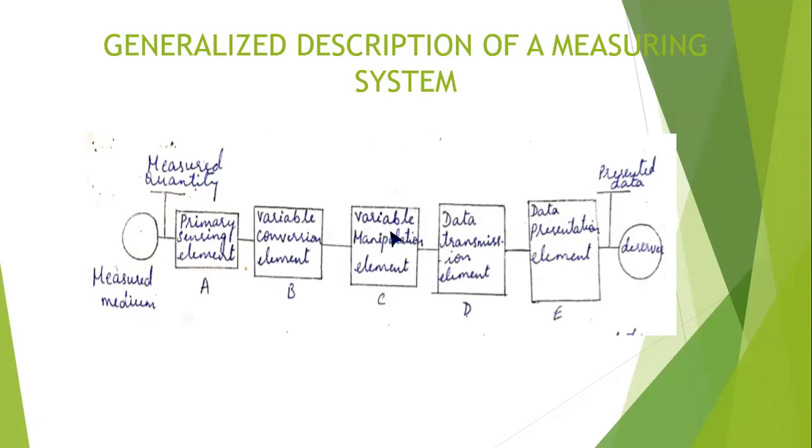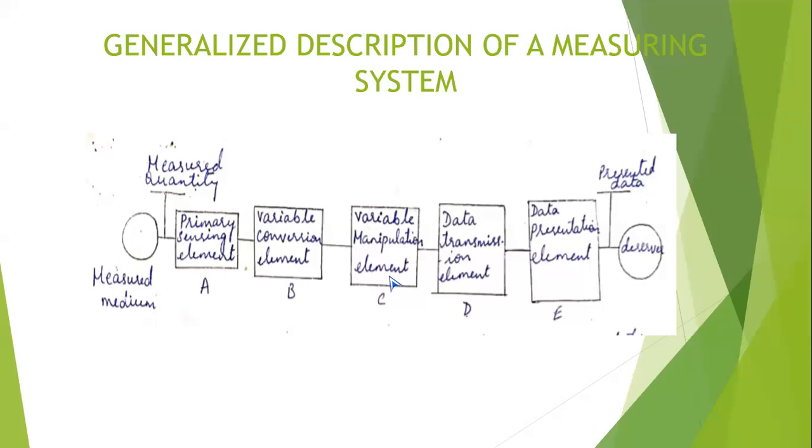It is converted into a voltage signal by the variable manipulation element. This variable manipulation element may be an amplifier or rectifier or any instrument which manipulates the analogous form into the voltage signal.